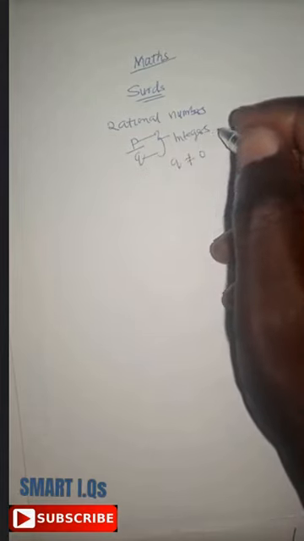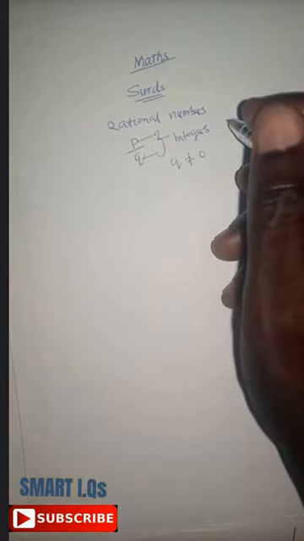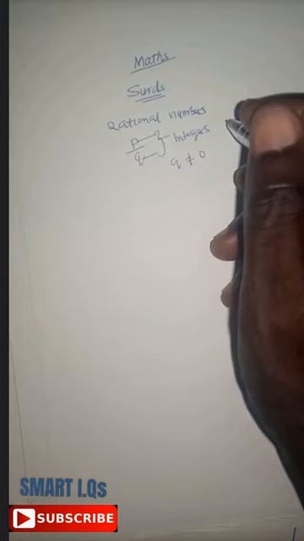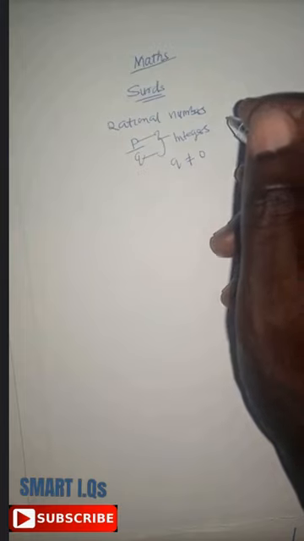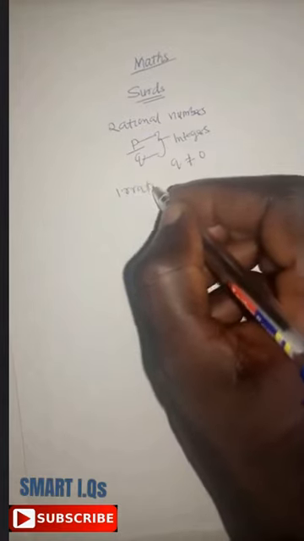So any number that can be written as a fraction is going to be a rational number. Then we have irrational numbers also.